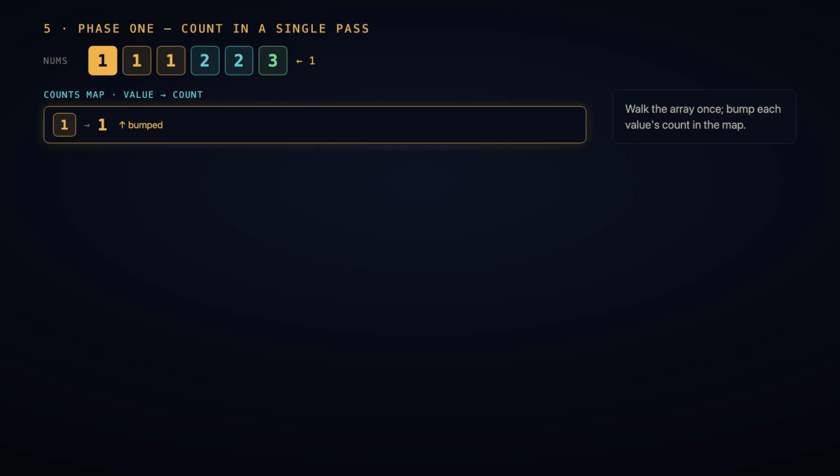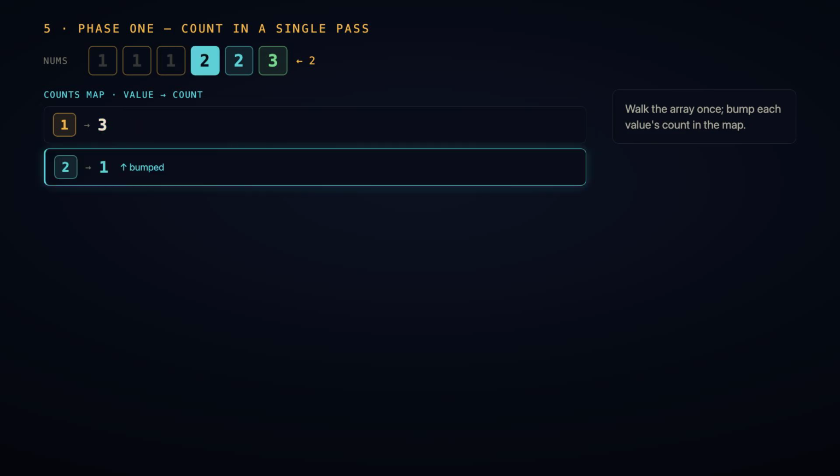Now watch the whole thing run, starting with the count. 1 pass over the array. First value is 1. We've never seen it, so its count becomes 1. Another 1? Bump it to 2. A third one. Now 3. Next is 2. First time, count 1.